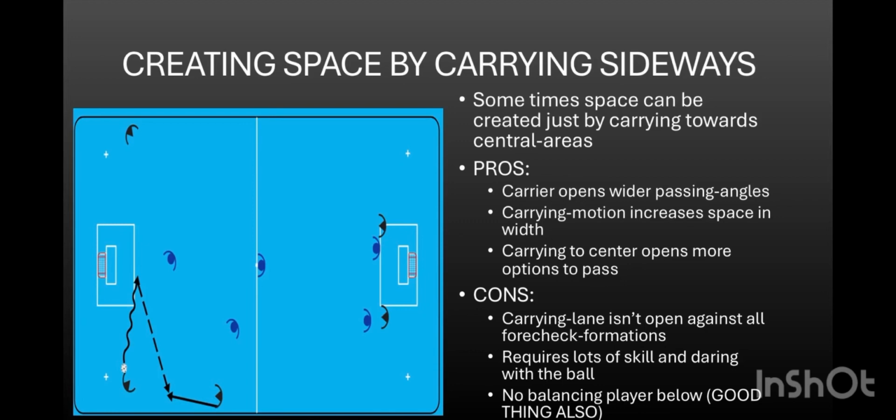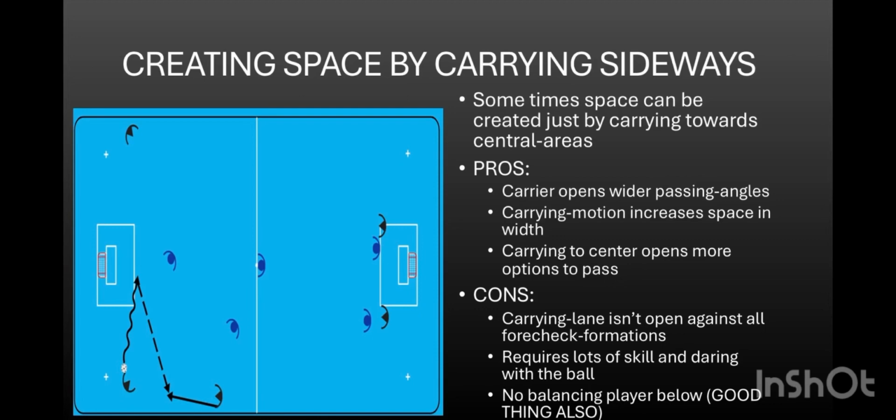Pros of this are that the carrier opens wider passing angles, because you are carrying the ball to the central areas of the pitch, and you will have a wider view of the field and more passing options that way. Cons: the carrying lane isn't open against every forecheck formation.